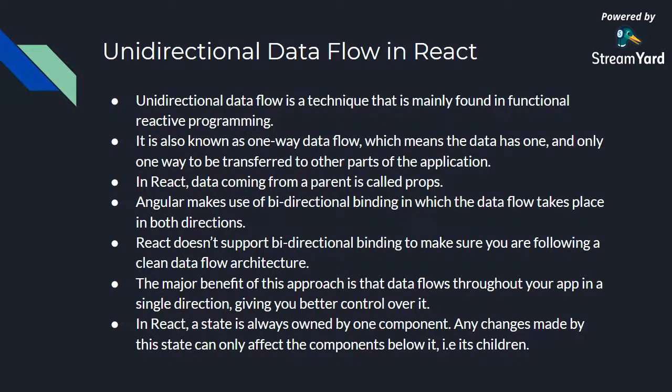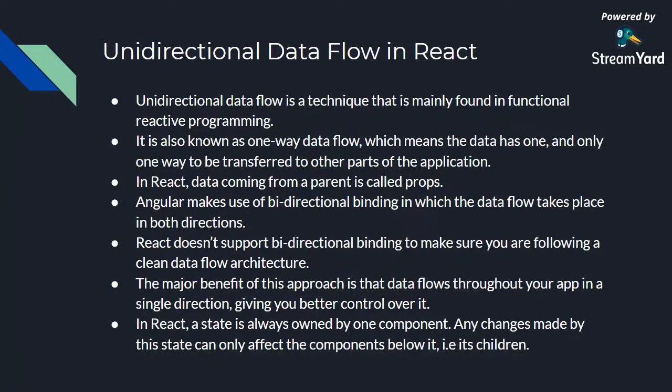We can only change the state value inside the component where it has been initialized, because the state access is defined to a particular class. We can pass the state value via props, but props make the state immutable. We cannot change the props. Hence, the flow becomes parent to children and not children to parent.